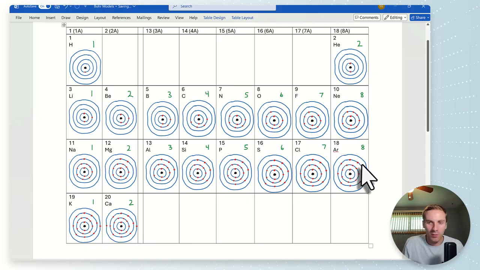Argon has a full 3rd level, neon has a full 2nd level, helium has a full first level. It's just that the first level doesn't need 8 to be full. It only needs 2 to be full. So that's why helium is placed in that column, even though it doesn't have the same number of valence electrons as neon and argon.